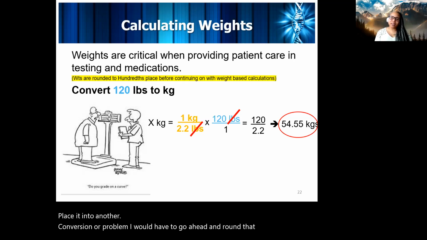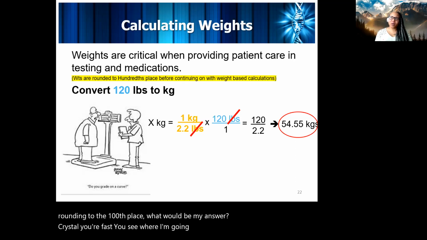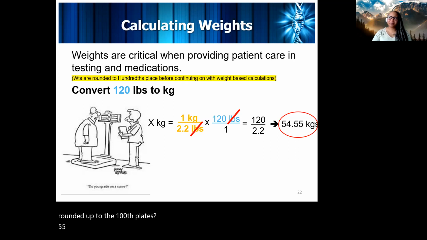So if I'm rounding to the hundredths place, what would be my answer? Crystal, you're fast. You see where I'm going here. So what is my answer when I am rounding up to the hundredths place? 55 kilograms. Very good.